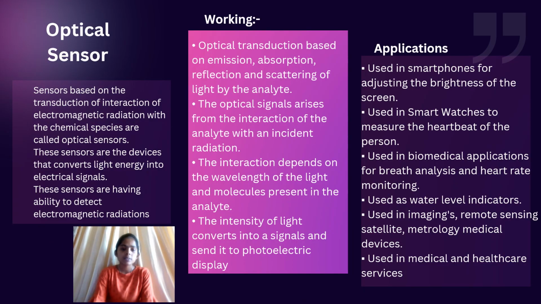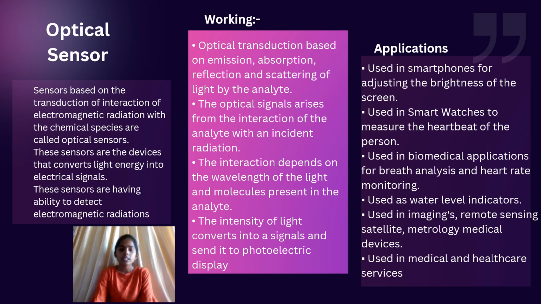Optical sensor. Sensors based on the transduction of interaction of electromagnetic radiation with chemical species are called optical sensors. These sensors are devices that convert light energy into electrical signals. These sensors have the ability to detect electromagnetic radiation. Working of optical sensors: optical transduction is based on emission, absorption, reflection and scattering of light by the analyte.